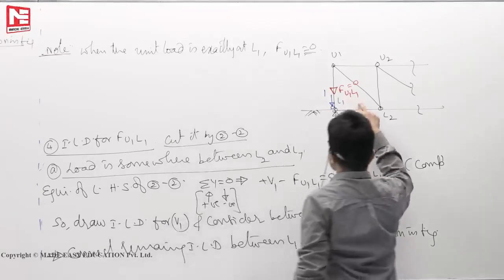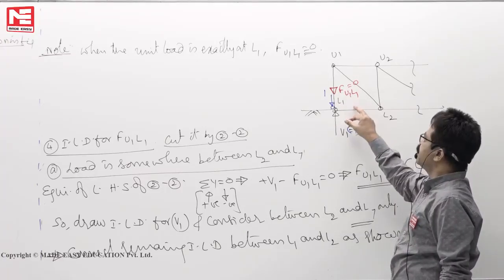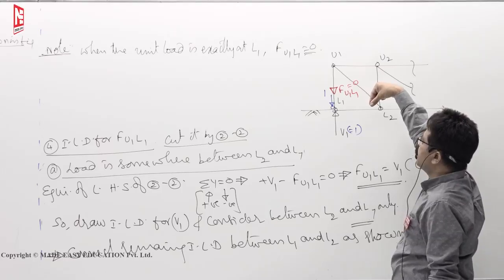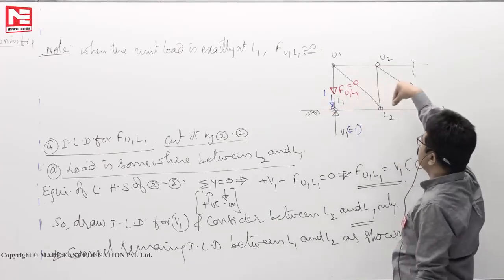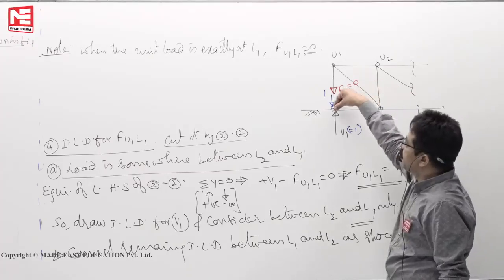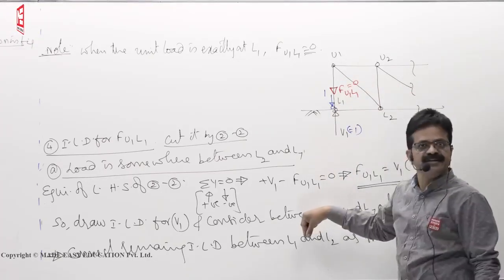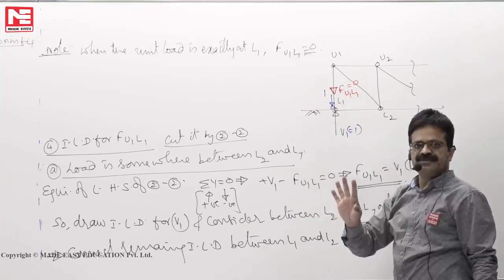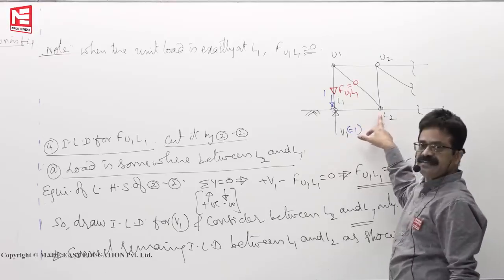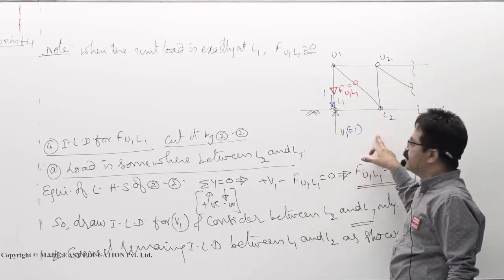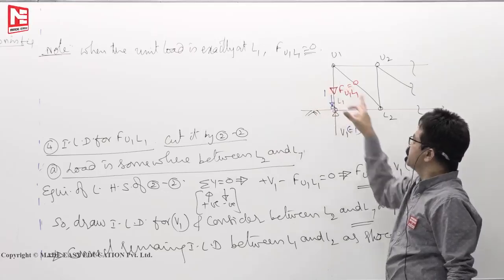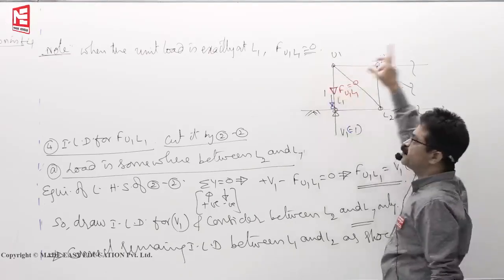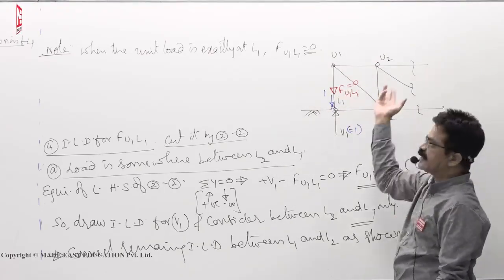But if the load is here, then what will happen? Load here means the rail is here. On the rail, when load is here, part of the load goes to this cross girder, and the remaining load goes to the other cross girder. Whatever load goes here is directly transferred to the support. Suppose the load is at the center, then 0.5 is directly transferred, so V1 is 0.5. Now here, the L2 joint takes 0.5. Because of this 0.5, some portion will be taken by this member, and some portion by the other vertical member at the other end.